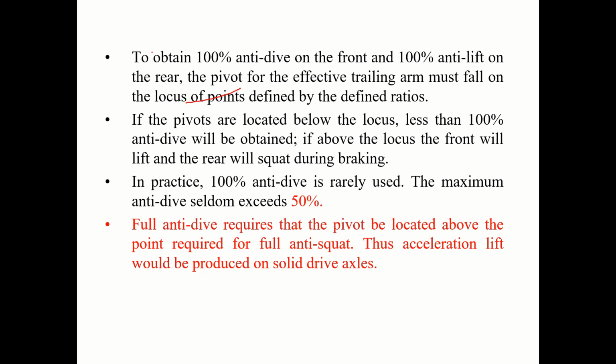To obtain 100% anti-dive on the front and 100% anti-lift on the rear, the pivot for the effective trailing arm must fall at the locus of points defined by the defined ratios. If pivots are located below the locus, less than 100% anti-dive will be obtained. If above the locus, the front will lift and the rear will squat during braking.